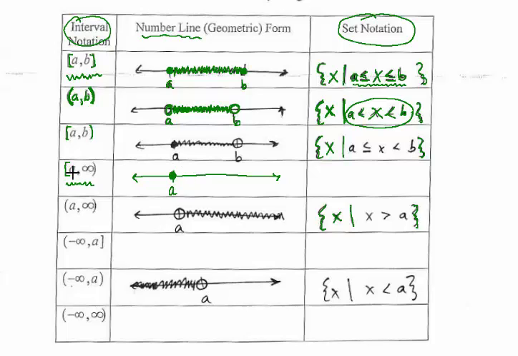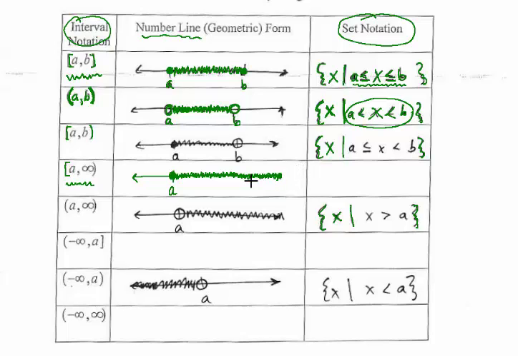Now, A is on the left, and so to the right we have infinity. So that means as we shade to the right beyond A, we shade all the way out to the arrow on the right. That is to say, these numbers never stop. They continue on out to the right to positive infinity.